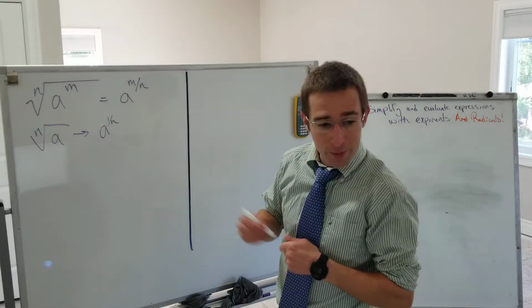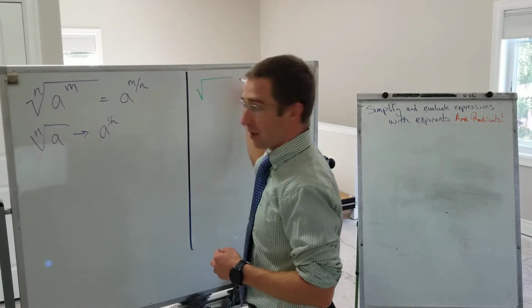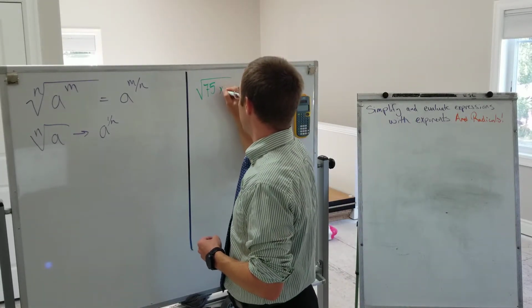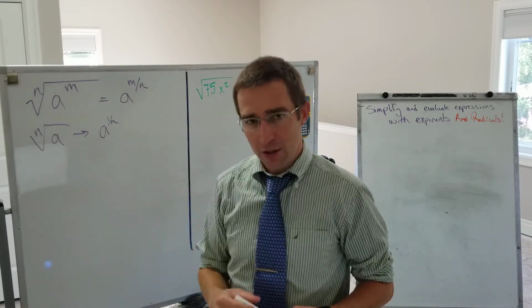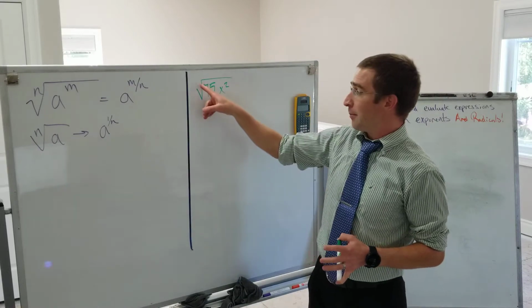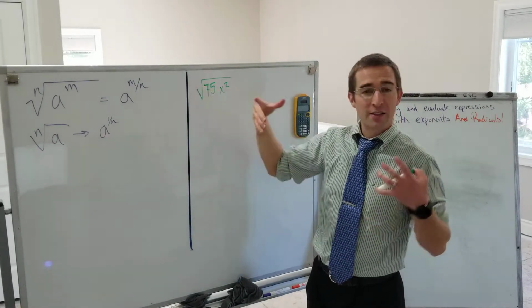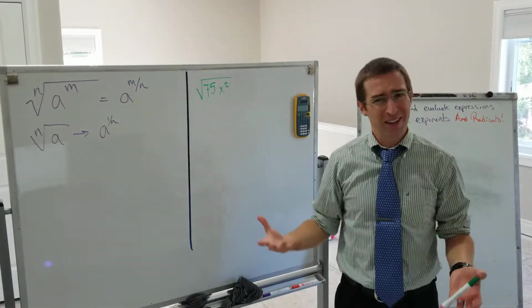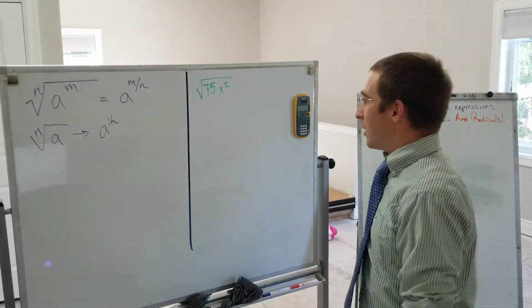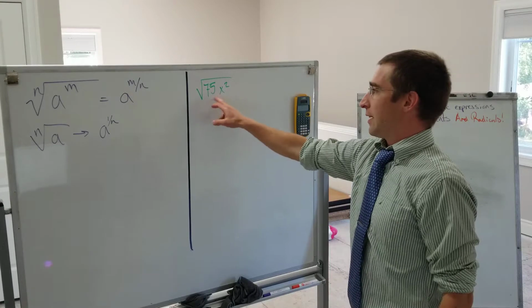Okay, first problem, we have the square root of 75x squared. Now, here, notice this is an nth root. Anytime you don't see a number, which is called the index, it's implied that it's the square root, because the square root is the most common root that you take. So here it's the square root of 75x squared.